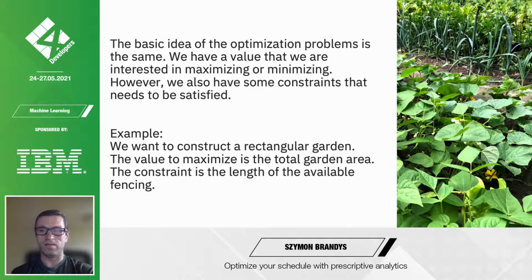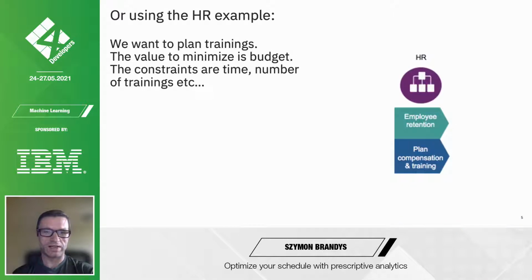If you are interested in what kinds of optimization problems exist, some of you are probably aware of them, but there are a lot of web pages where you can find other problems, and maybe you can try to solve them using our tools on the IBM data platform. Another example goes back to our HR example.